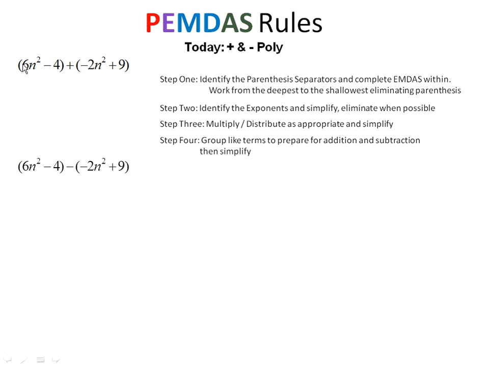Right, so we have a monomial here, really one's being distributed to it. So as we separate these parenthesis polynomials and simplify them, in this particular case, with one being distributed, there's no change to anything here.